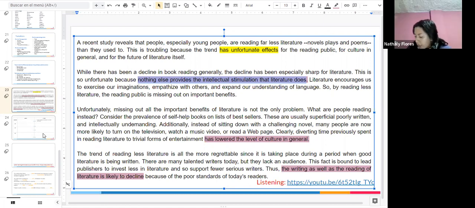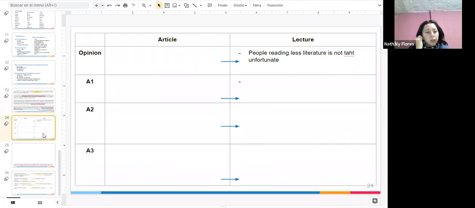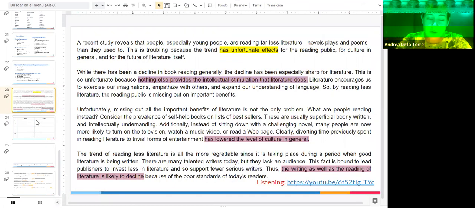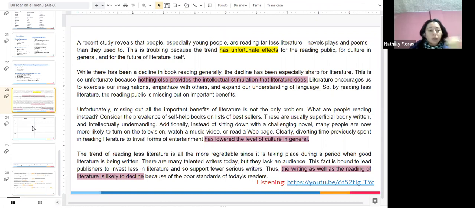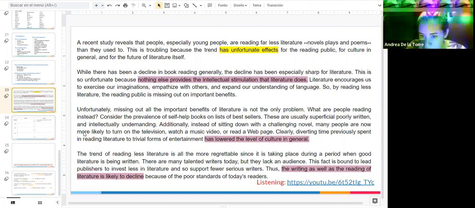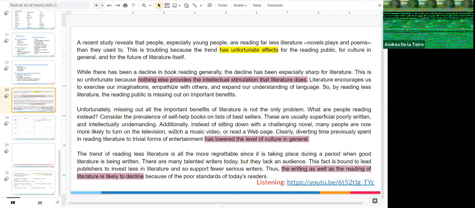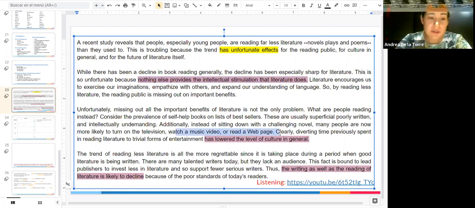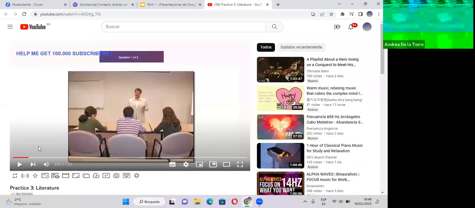She thinks that movies and music give intellectual stimulation like literature. Okay, kind of. I don't know if it was movies and music, right? I think that's related to the second point. The professor mentioned something else.